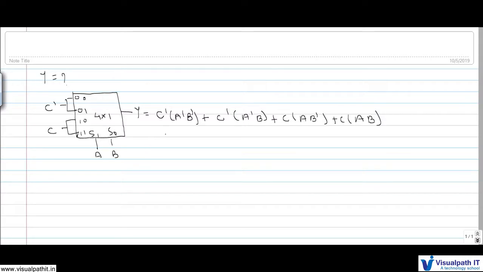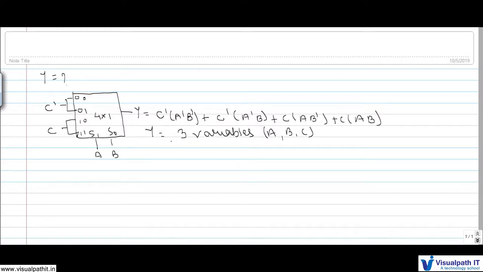Now this function has a total of 3 variables, a, b and c. Now I have to reduce this function, so let's try to find out whether I am able to reduce it or not.